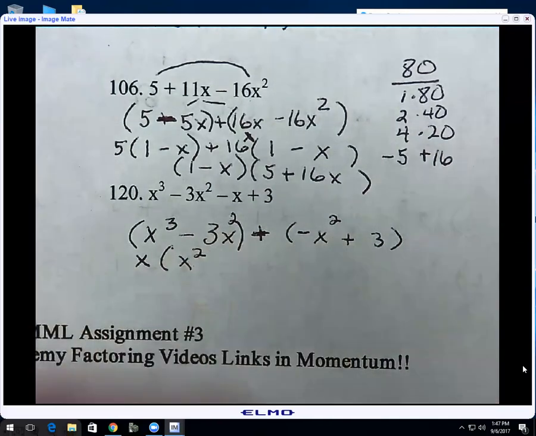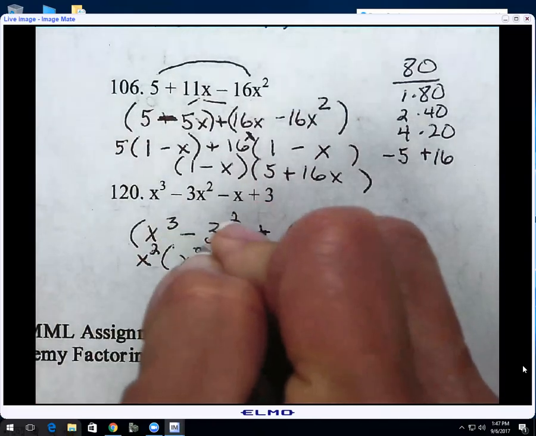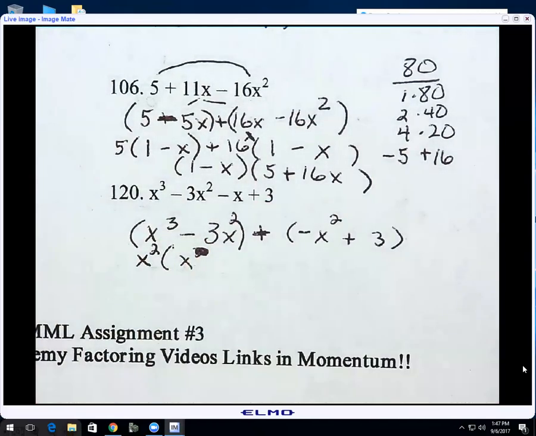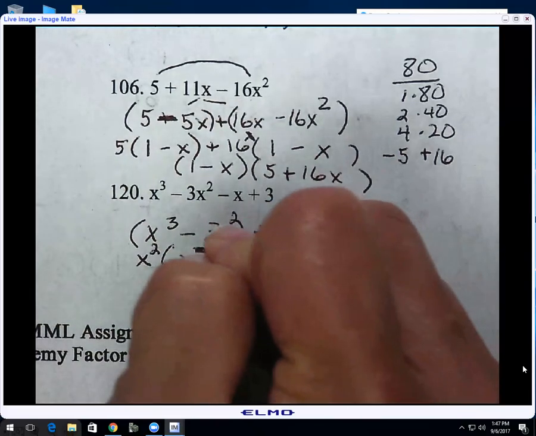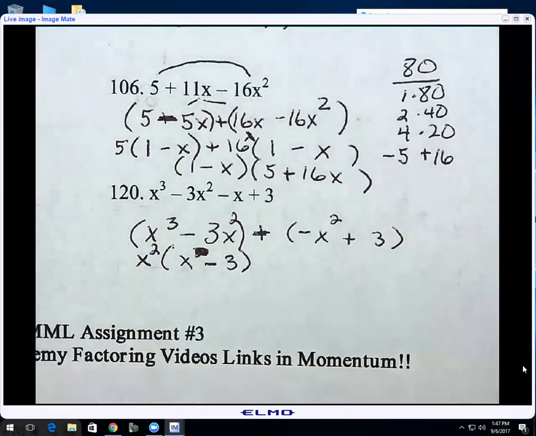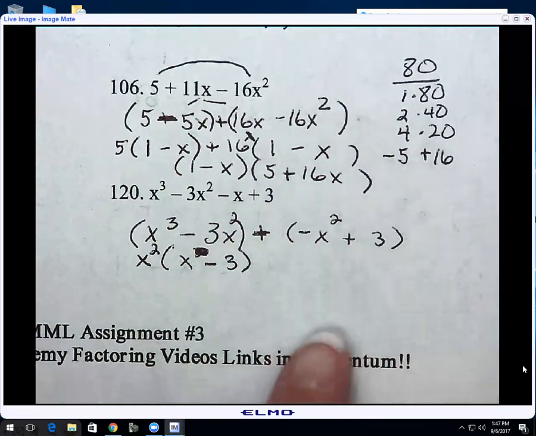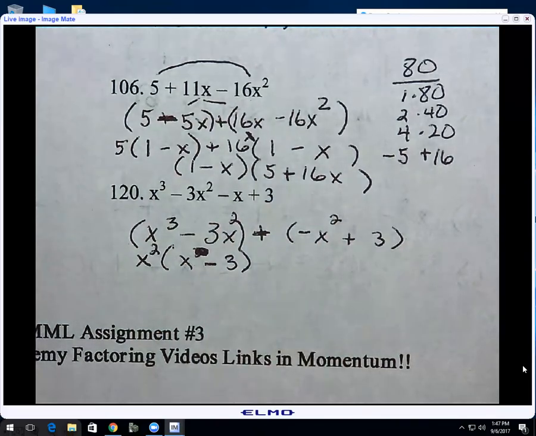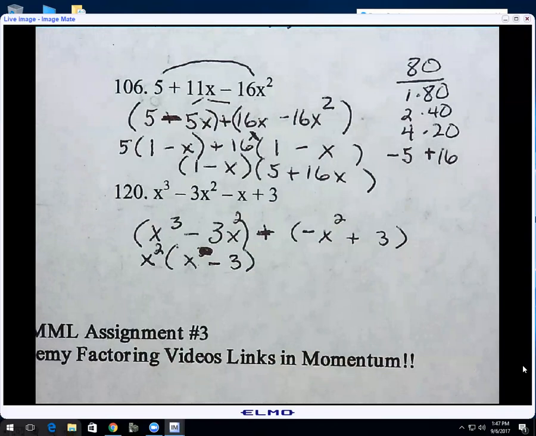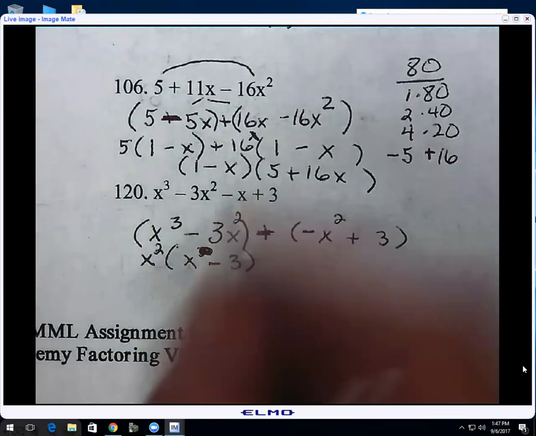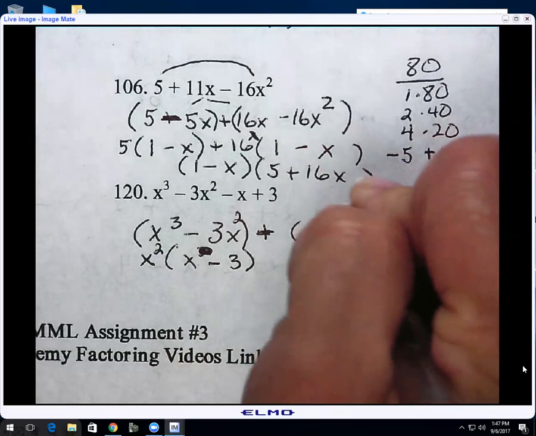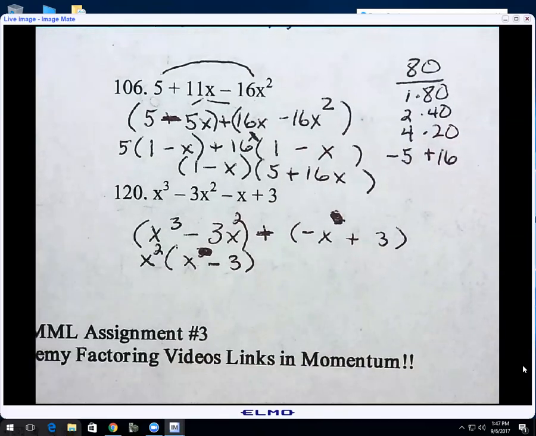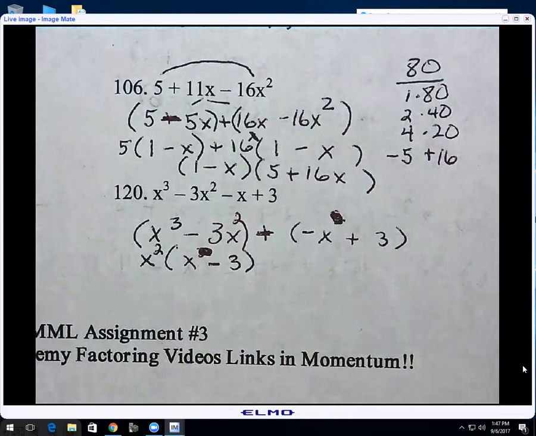You can factor an x squared out of the first group, and what does that leave you? X minus 3. What would you have to factor out of the second group in order to be left with the same x? That negative x is excluded. Crap. I'm screwing up. On film, darn it. This will be for posterity unless I go in and lop off number 120. I got careless because I was in a hurry.